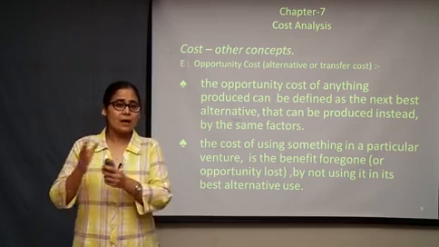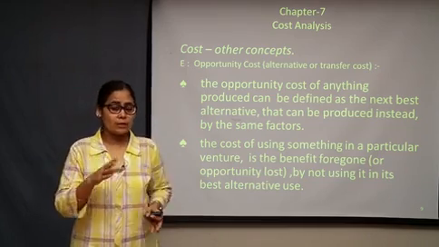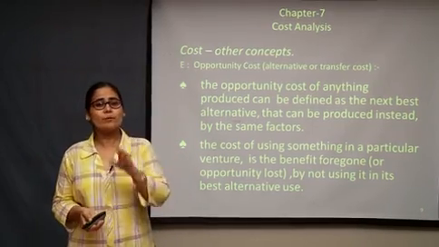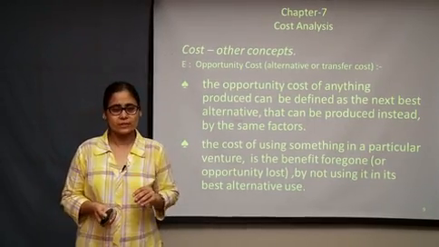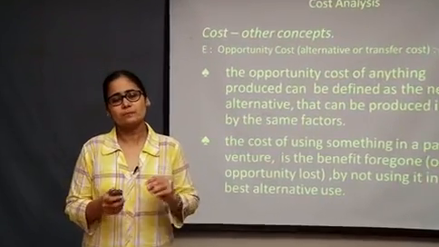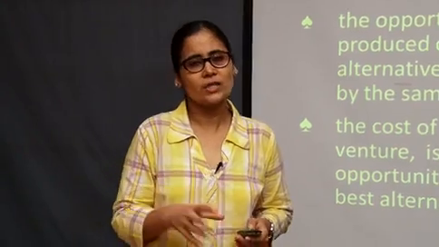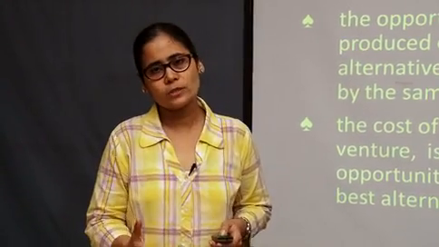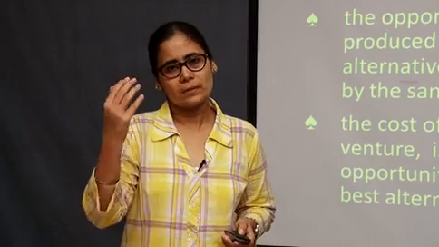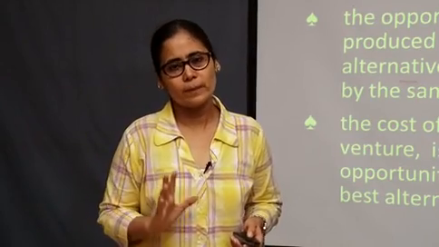But to make these alternative tools, they will have to bring down the use of their resources. So let's say the machine is being used for 100 hours, and in 100 hours the machine gives an output of, let's say, 10,000 rupees.